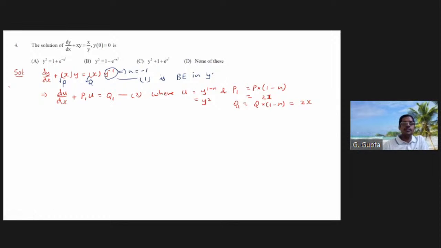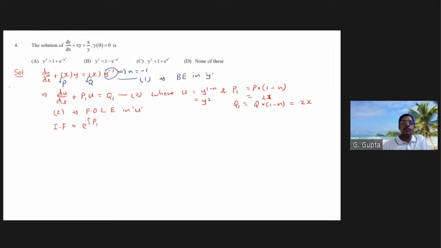So this equation 2 now is a first order linear equation in the variable u instead of y. y is the previous original dependent variable, but the new dependent variable is u. So we know how to solve it as discussed earlier. The next step is finding the IF, e to the power integral p1 dx.